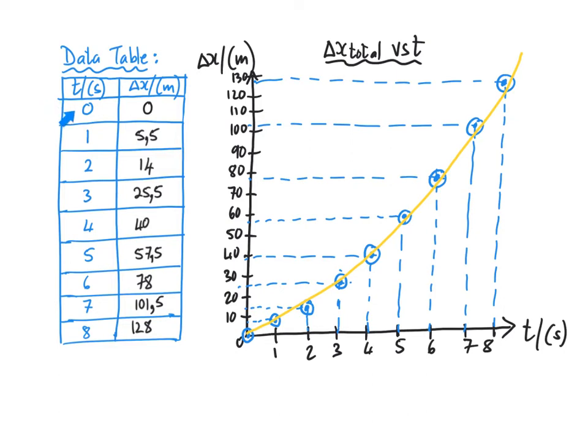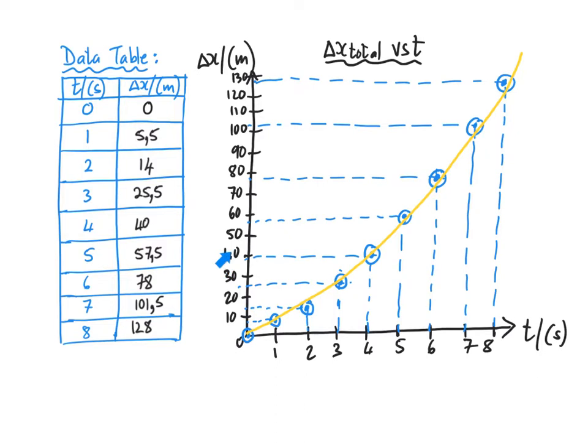I have set up a table here of all the values that we've calculated. The values in black are the values we calculated previously using the area of the trapezium for each of the time intervals. Now plotting the total change in position versus time, I use a time axis with 8 intervals of 1 second each on its horizontal axis.